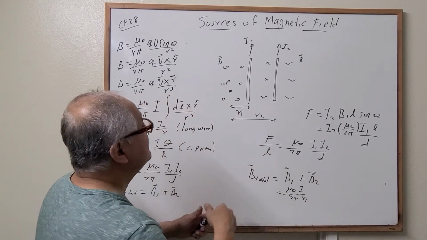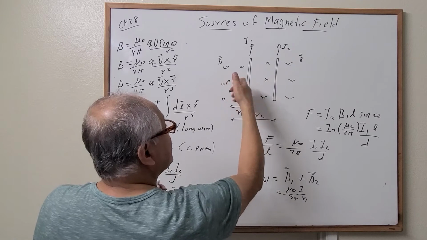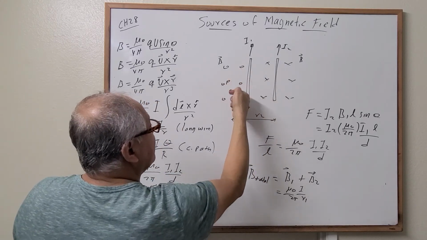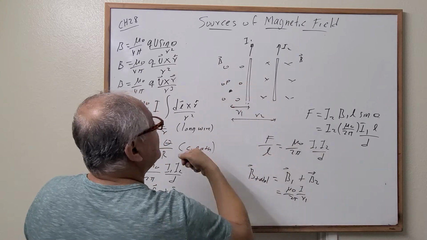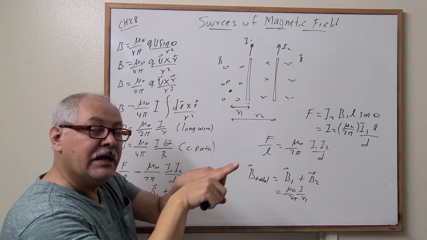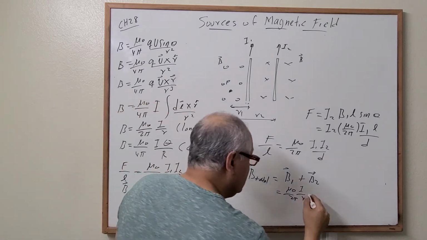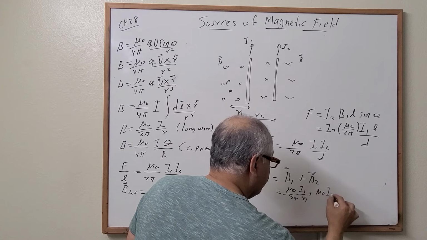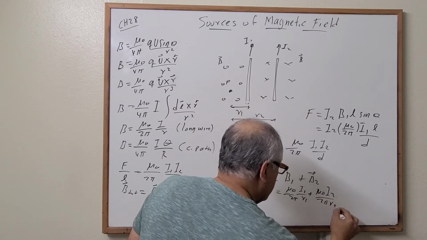Here, both are in the same direction, coming out. This current produces a field right here out of the page, and the same thing happens here, out of the page. So they add at that point. So we add these terms again: mu naught over 2 pi R2.